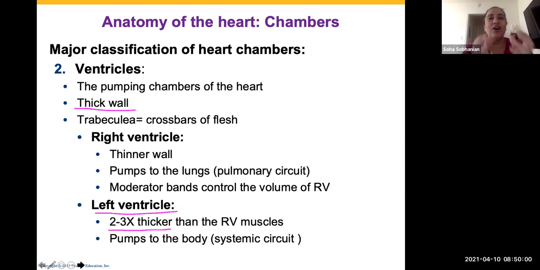So if a heart attack is affecting the atria, the person is probably going to be okay. If the heart attack is affecting the right ventricle, the chances are that person is going to be okay. But if the heart attack is damaging the left ventricle, that person is in danger of death. So keep that in mind.